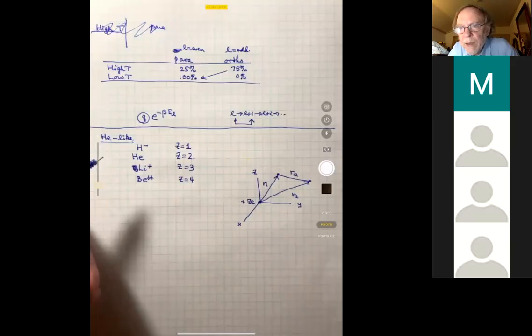H minus, by the way, is interesting in applications. It occurs in stellar atmospheres, and it's important in energy transport in stellar atmospheres. So it's a problem in astrophysics that arises. It's also used in proton accelerators, like in the LHC. They have to use low energy accelerators to fill up the main ring before they crank it up to higher energies.